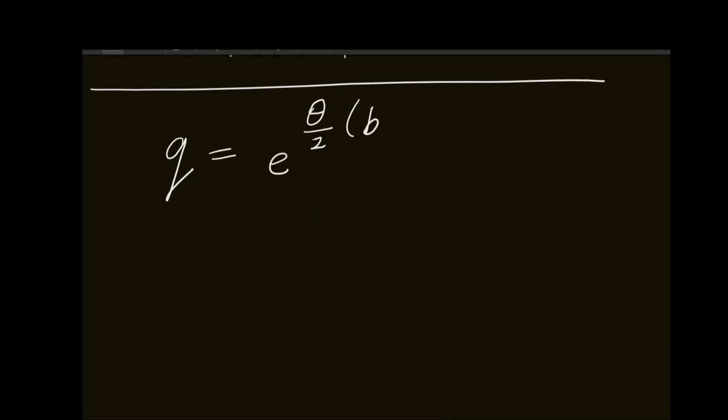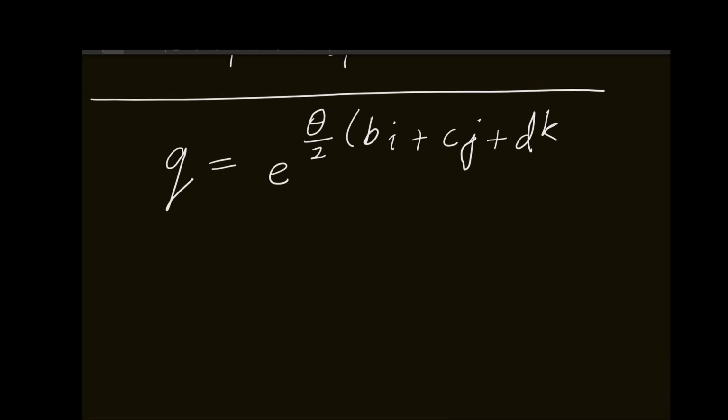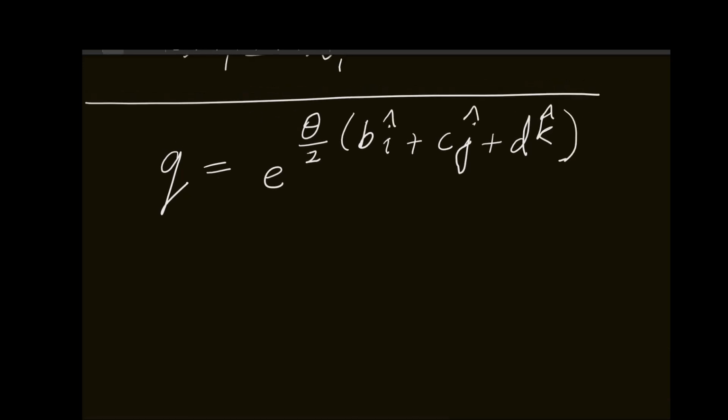The way we do that is if we have a quaternion of the form e to the theta divided by 2 times bi plus cj plus dk, where i, j, and k are unit vectors in the Euclidean space.